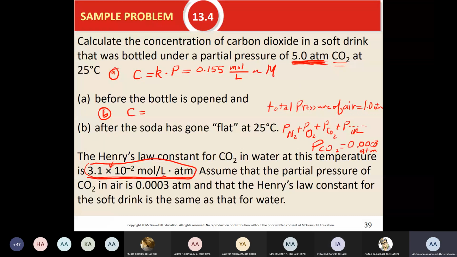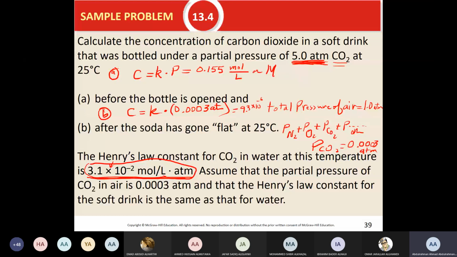Same thing, K, which is here, multiplied by the pressure, 0.0003 atmosphere, and you calculate it. What's the answer? 9.3 times 10 to the minus 6.